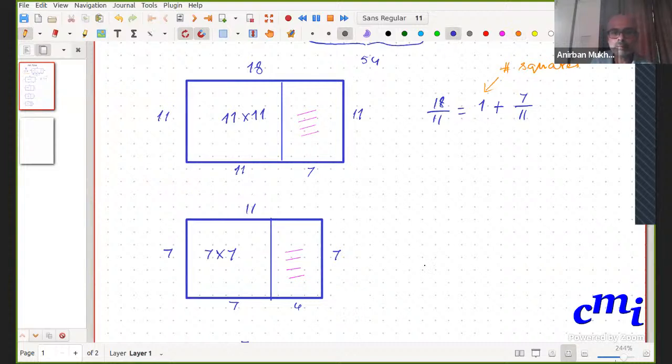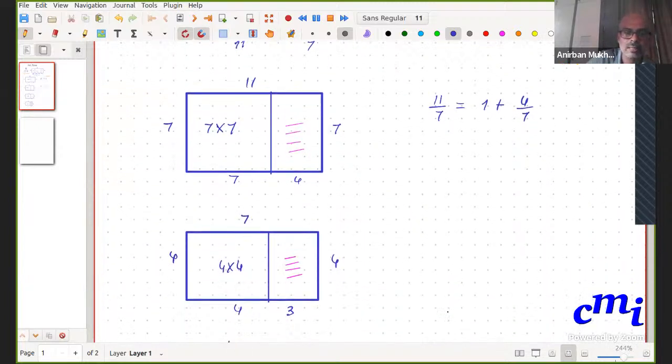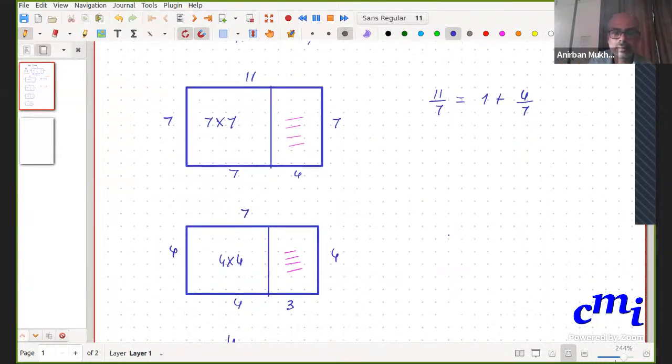Similarly, here 7 by 11 is 1 plus 4 by 7. And then 7 by 4 is 1 plus 3 by 4.